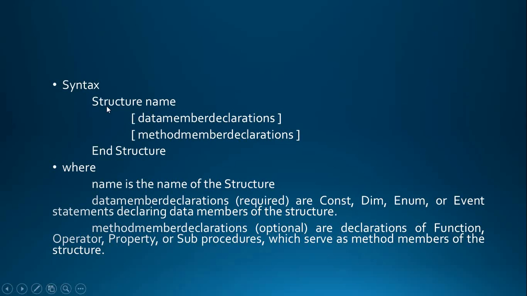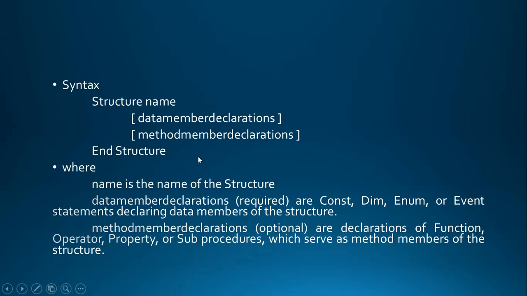So you start with the structure keyword and the name of the structure, where name is the name of the structure. Then data member declarations are const, dim, enum or event statements declaring the data members of the structure. We will see const and other keywords here. We have seen the use of dim in the previous lecture also.